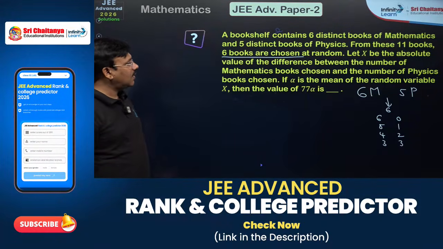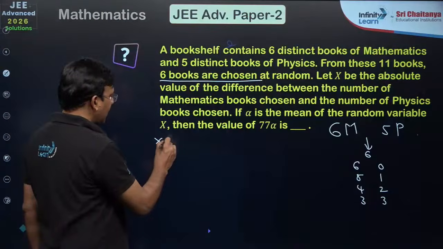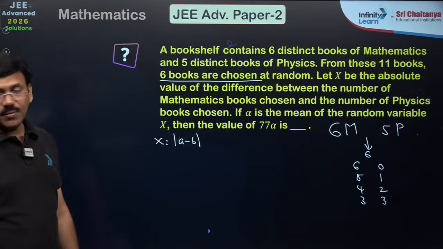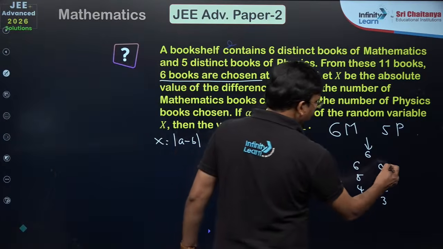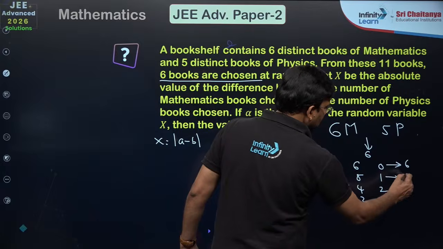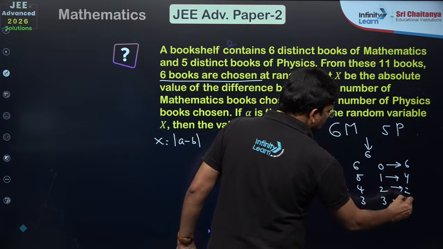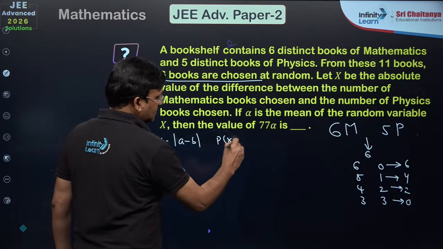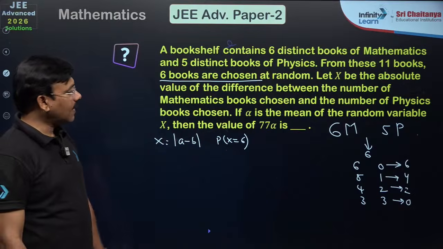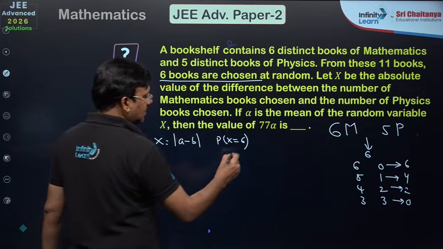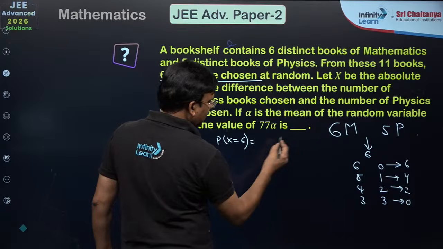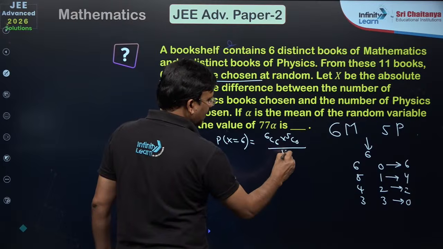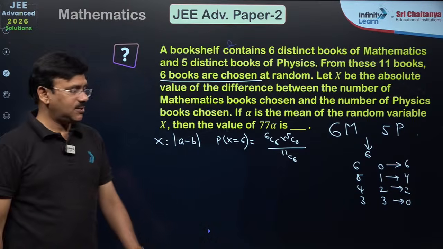Now I mean to say he is preparing a new variable, X is modulus of a minus b, the absolute difference between the numbers. So in this case the absolute difference is going to be 6, here 4, here 2, here 0, okay. So you just write P of X is equal to 6. P of X is equal to 6 means you have to select 6 from here, 6C6 into 5C0 by 11C6 is the probability.